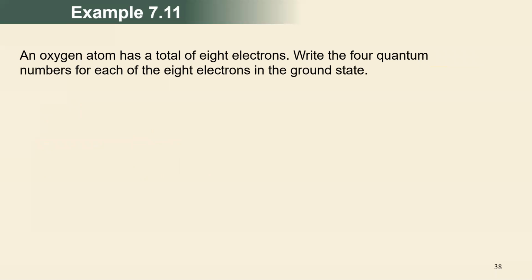Oxygen has 8 electrons. Write the 4 quantum numbers for each of those 8 electrons in the ground state. I'm going to go ahead and draw out the orbital diagram for oxygen, even though we've done it before. 1s, 2s, 2p. We know that it looks like this. Hund's rule tells us to spread some things out, and then we're going to go back.